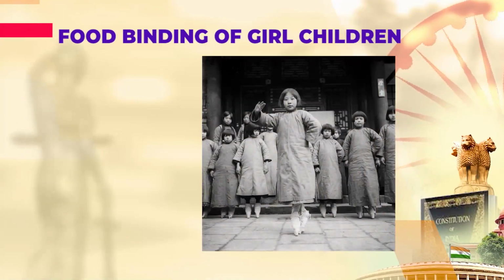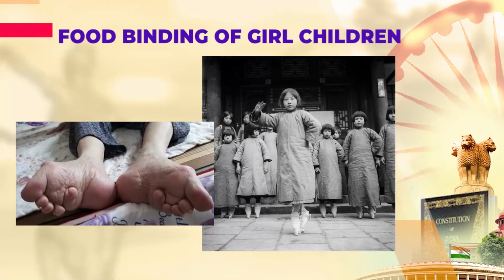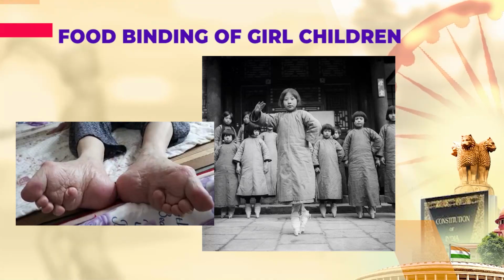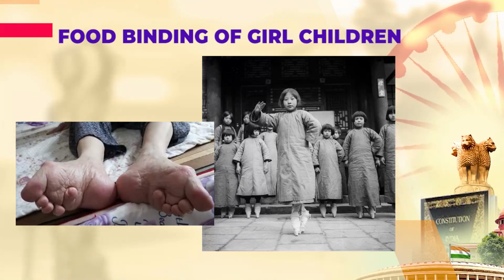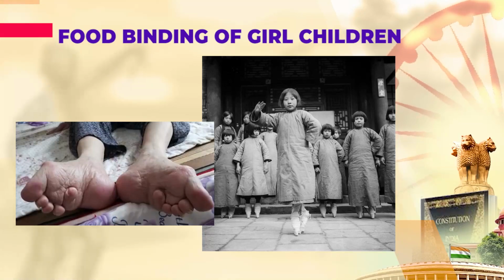We will look at it from ancient times till the modern times, and we will look at certain specific instances of discrimination or abuse on girl children. To begin with, in the ancient times in China, there was a practice of foot binding of girl children. This was done to ensure that girl children may be more eligible for marriage.